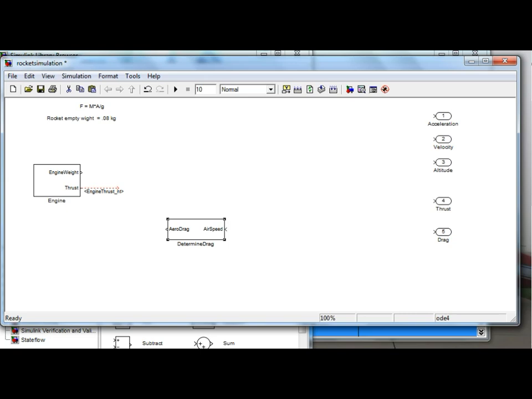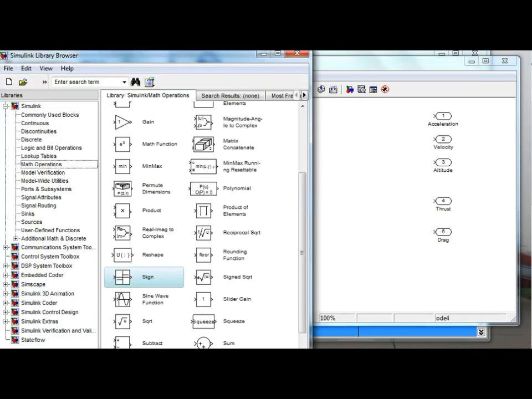So, sum of the forces, right? F equals MAG. What is the force? It's the sum of the forces. So I'm going to have a number of forces. One of the forces is engine thrust. One of the forces is drag. And then the third one is the force of gravity. So I want to go to math and get a sum.